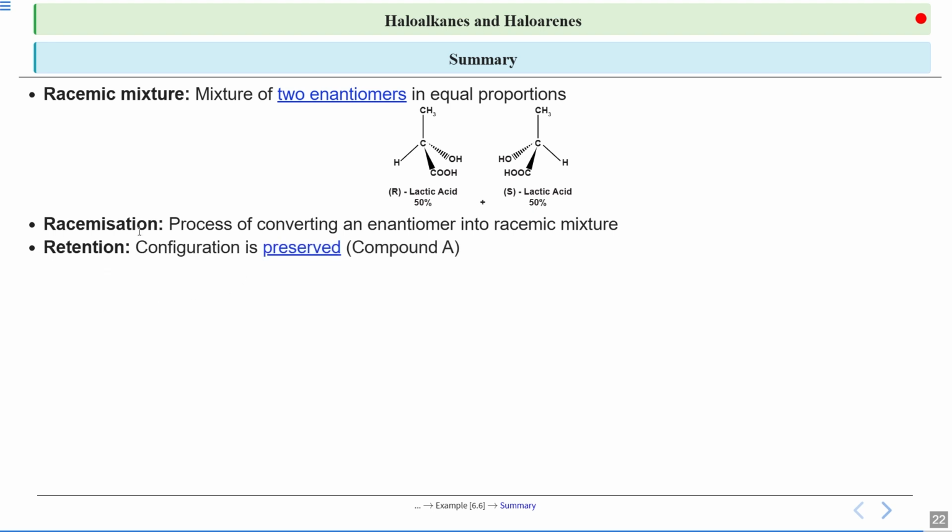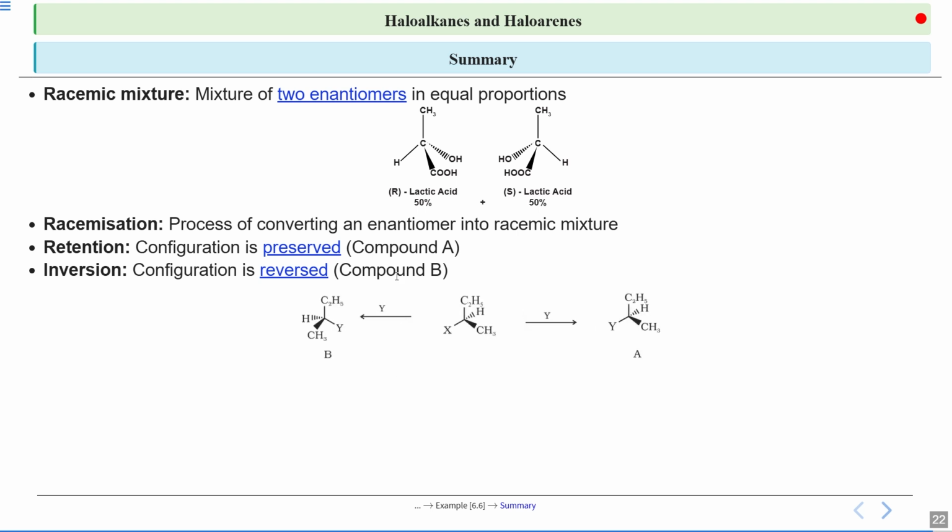Retention we have seen, which is the preservation of configuration. And inversion is the reverse of configuration. The configuration gets reversed or inverted. Compound A and compound B show retention and inversion in this diagram. Compound A shows the preservation of configuration, that is retention. And compound B shows the inversion of configuration.